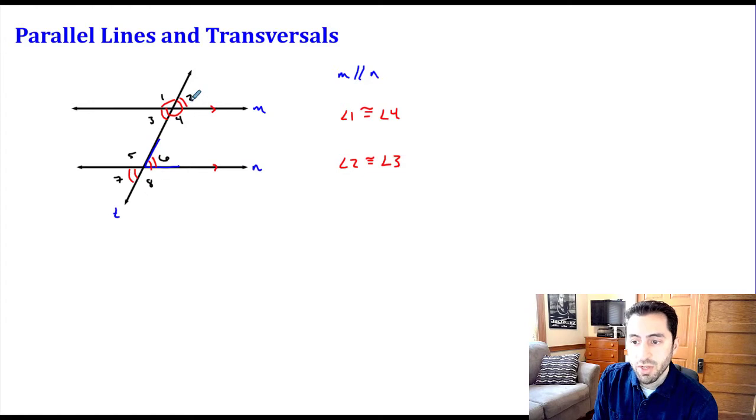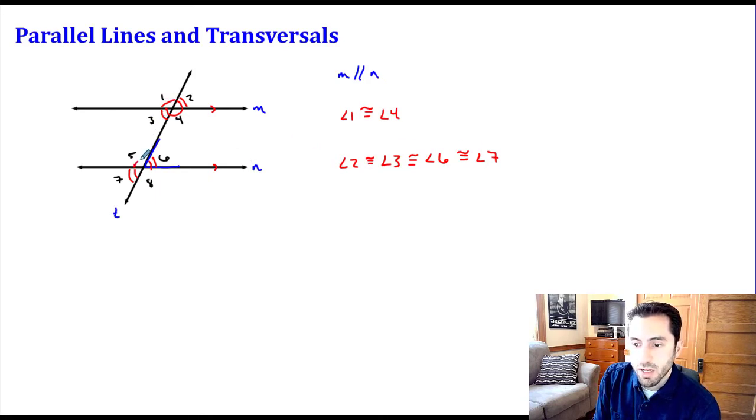Well, angle 3 was the same as angle 2, so angle 3 and angle 6 are congruent, and also 3 and 7 are congruent. So we can finish writing this out. So angle 2 is the same as angle 3, which are both the same as angle 6, and that's the same as angle 7. We can make a similar argument for angle 1 and angle 5.